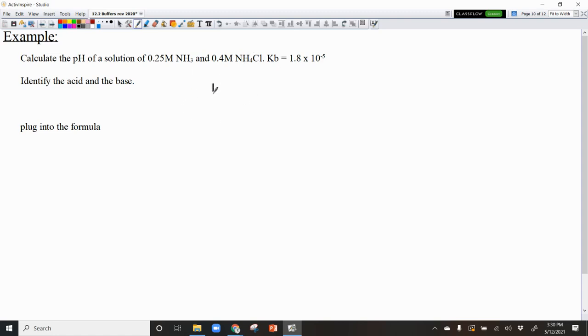So what's our base? Our base is the NH3, okay? Our conjugate acid is the NH4. Remember, the chlorine is a spectator ion. So the acid, okay, is going to be the NH4 plus.